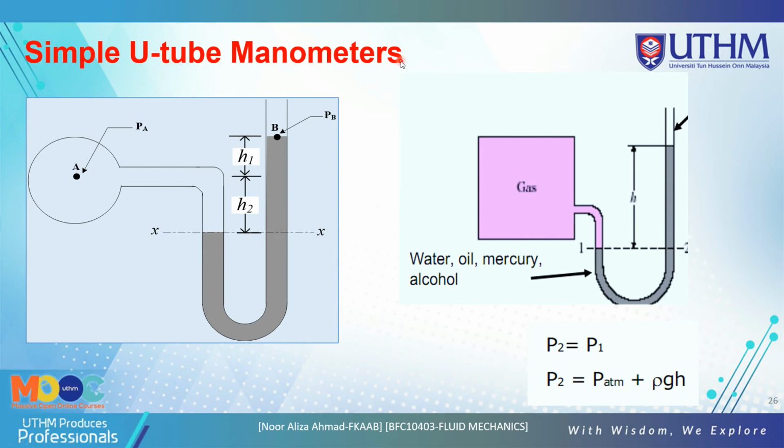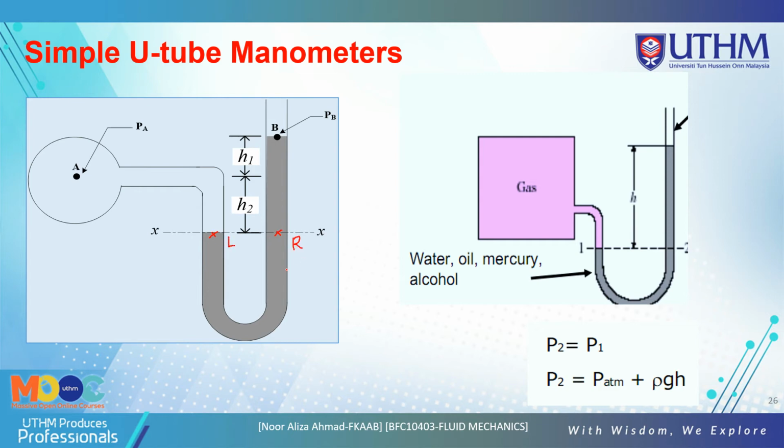Simple U-tube manometers have 2 figures here, figure 1 and figure 2. With the concept of Pascal's law, you must find the level that you can apply Pascal's law to. Based on this part here, this is left, this is right.